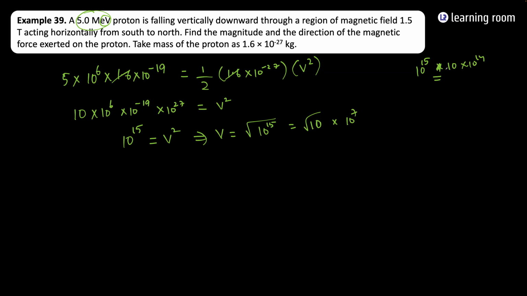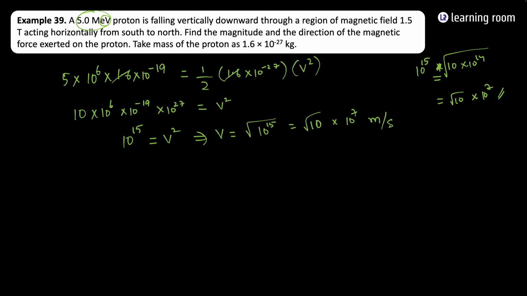So when you take square root on both sides, it is the square root of 10 into 10 power 14, the square root of 10 power 14 is 10 power 7. Right. So for those who don't know, write down this relation. 1 electron volt is 1.6 into 10 power minus 19 joule. Right. So these many meter per second. Am I clear with this point?